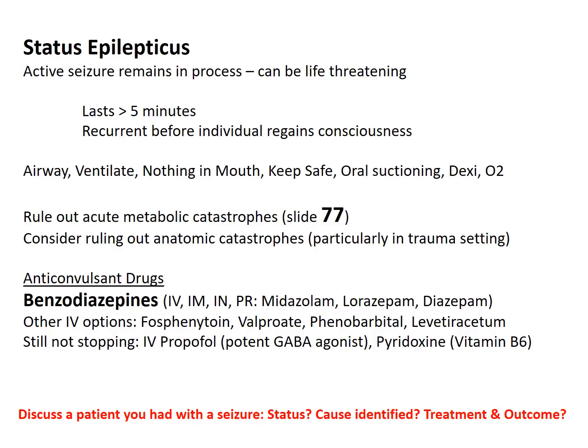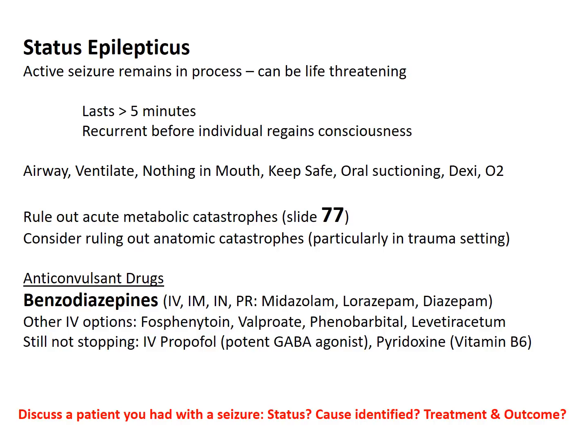Other IV options are available, and there's some hardcore things that can be done when even the secondary drugs don't work, like propofol and general anesthesia. So again, not a course here on how to manage status epilepticus, but I wanted to bring that home to show you the importance of electronegativity, all these drugs that can be used for status epilepticus make the neuron more electronegative.